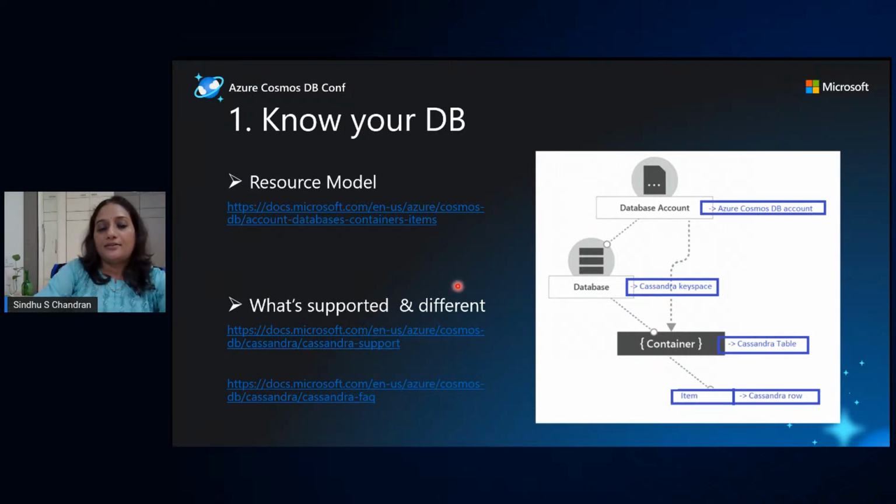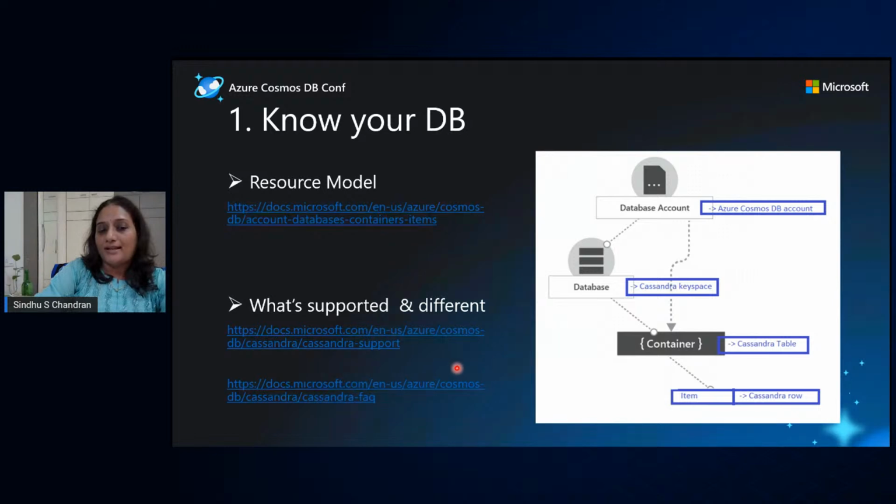And the next thing to understand is what is supported and what is different, because you might otherwise spend a lot of time finding issues or trying to debug things which you think might work, but are actually not supported. There are also a lot of advantages which come with Cosmos DB, in terms of the increased replication that it provides and things like that.